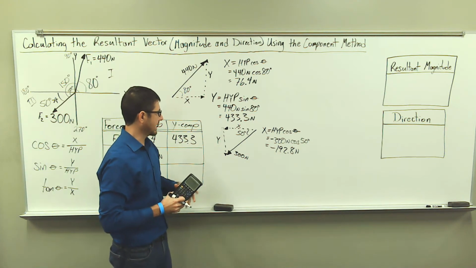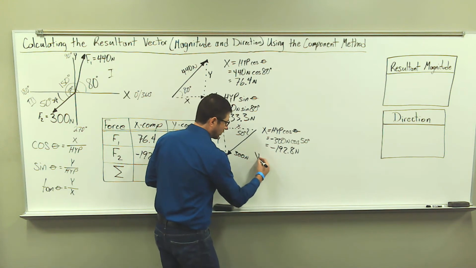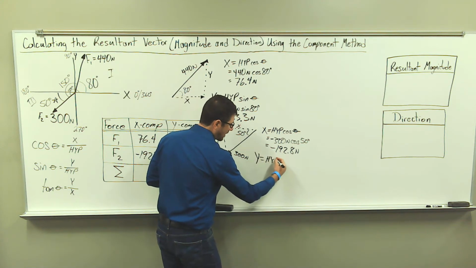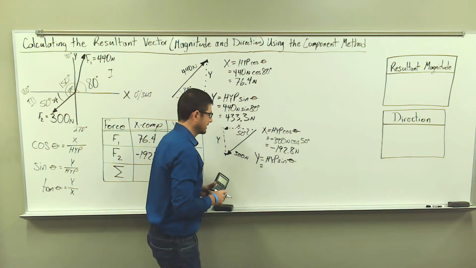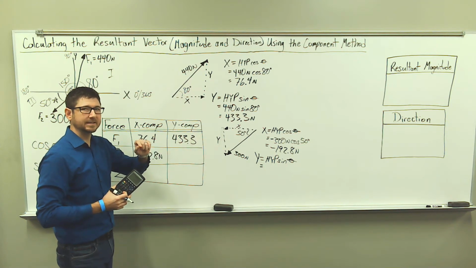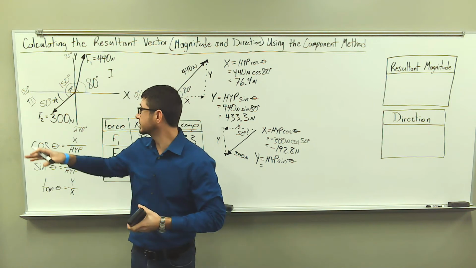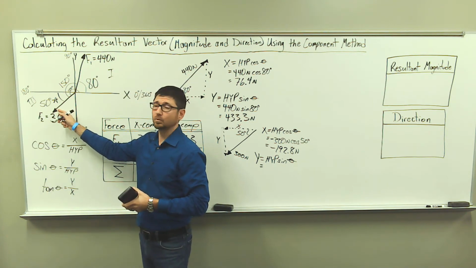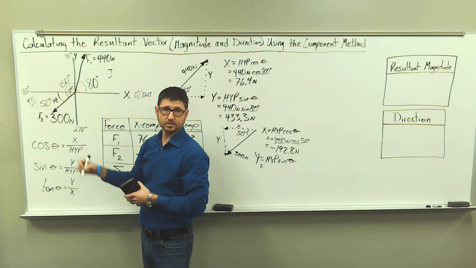Now let's take a look at the y component. For the y component, y is equal to hypotenuse times sine of the angle theta. So we have a vector here, 300 newtons. Are we traveling in a negative y direction or a positive y direction? Well, right here we're in quadrant 3. It looks like we have a negative y direction here.